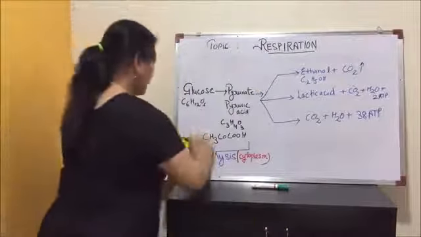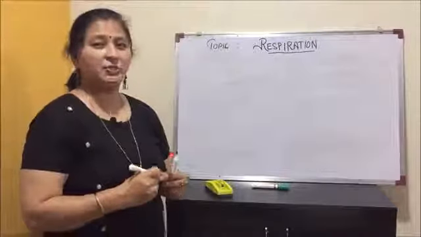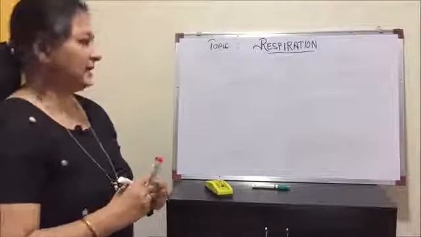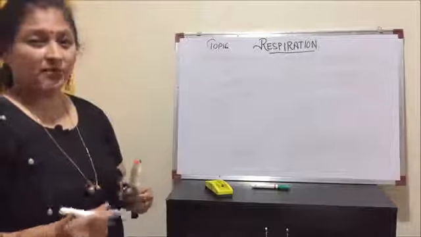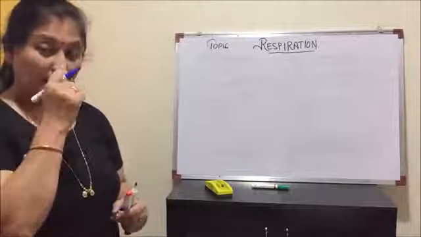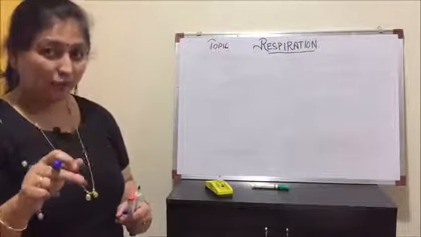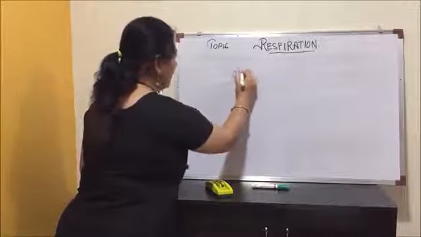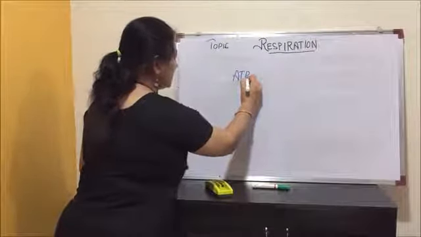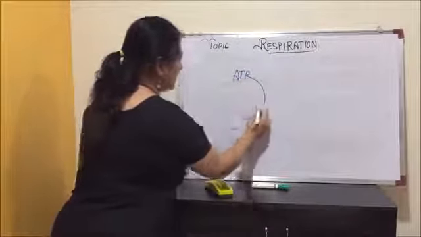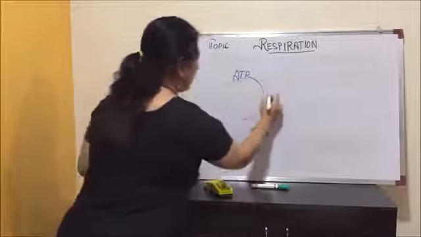Now ATP, or let's say the energy which is released in this reaction, that energy will be used by the cell for different cellular activity. Now what will happen to ATP? If this is my ATP, this has been used by the cell for different activities.